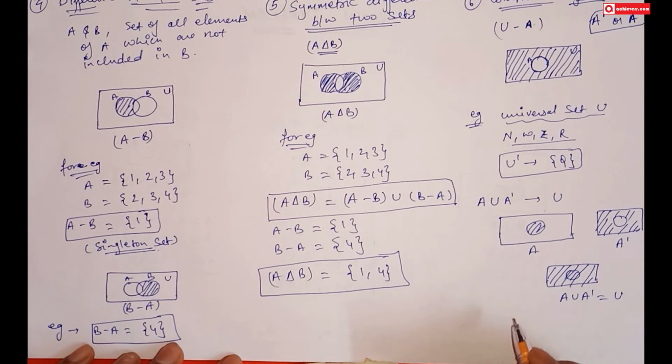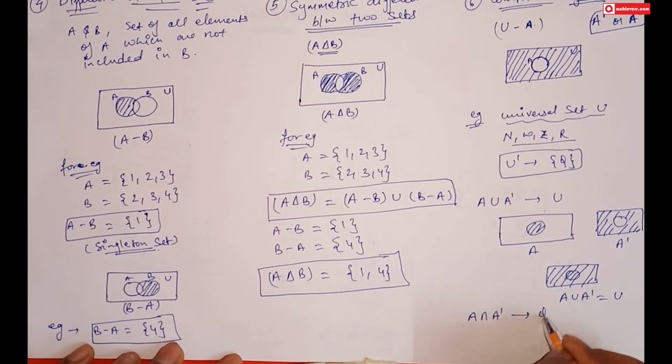And what will be the intersection of A and A complement? That will be phi. We can prove this by, this is A, this is A complement, and intersection is, you know what intersection is?